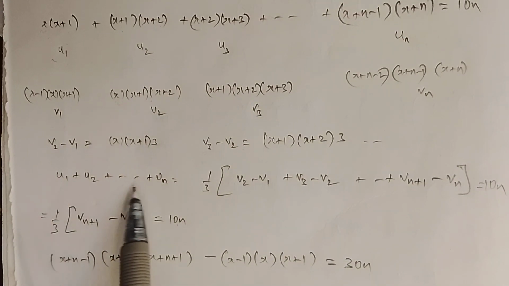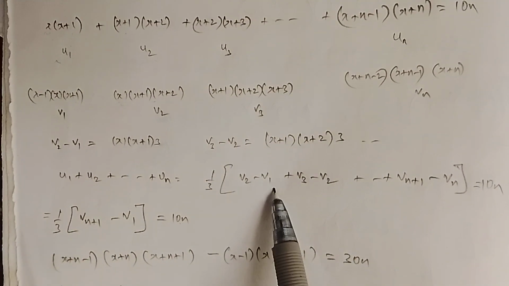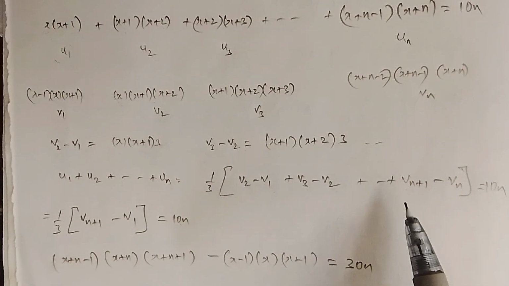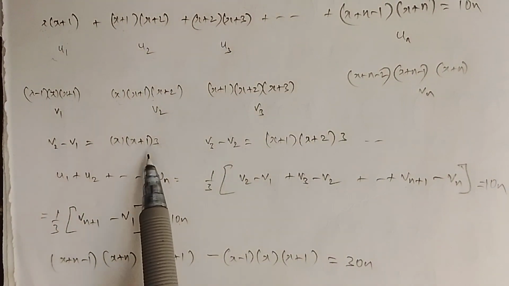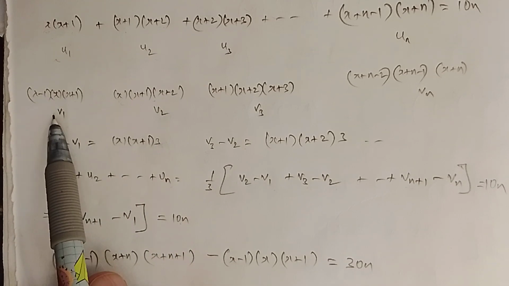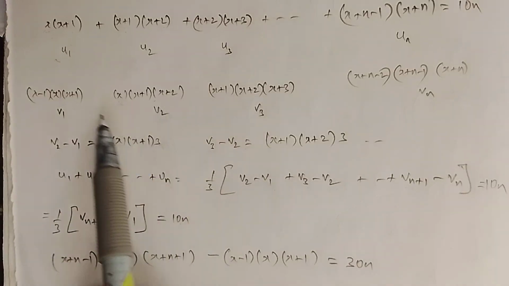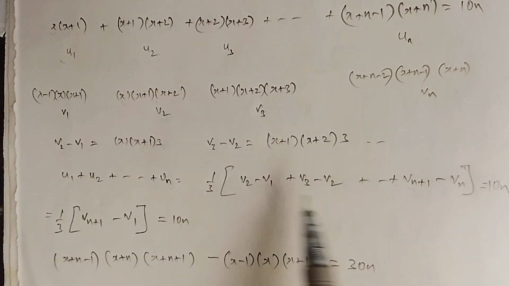So now u1 plus u2 up to un should become 1 by 3 of v2 minus v1, v3 minus v2, etc. up to vn plus 1 minus vn, right? We are doing exactly the same thing. We are creating a new series, but the difference of the new series is some constant multiplied. Difference of two terms of the new series is a constant multiplied by the numbers of the original series, right?